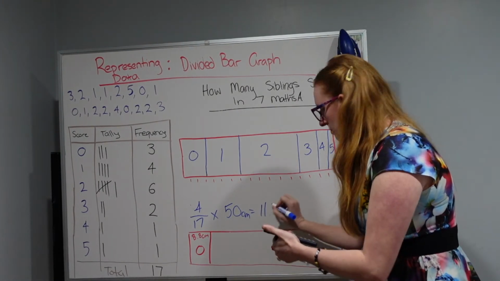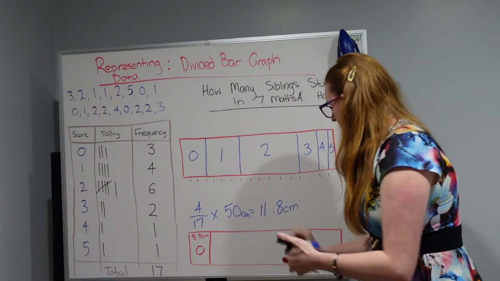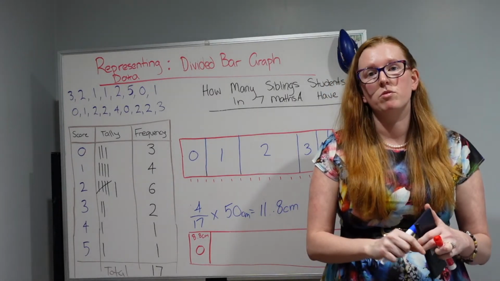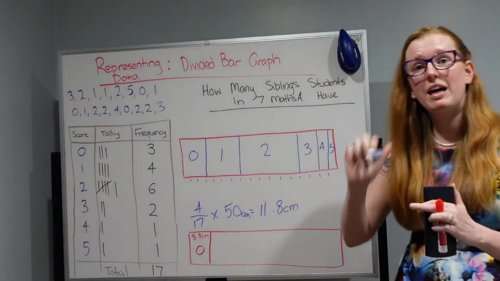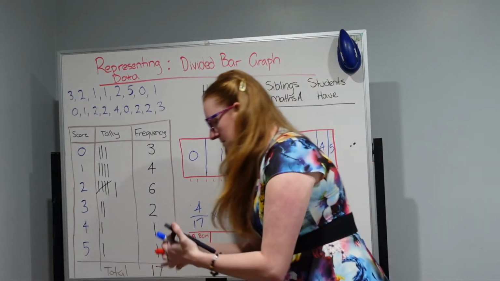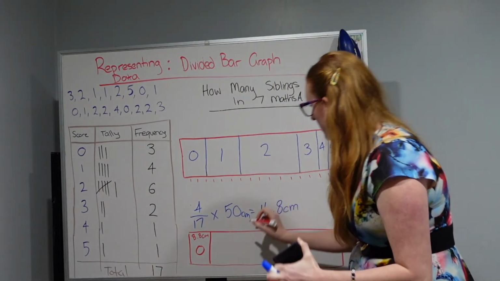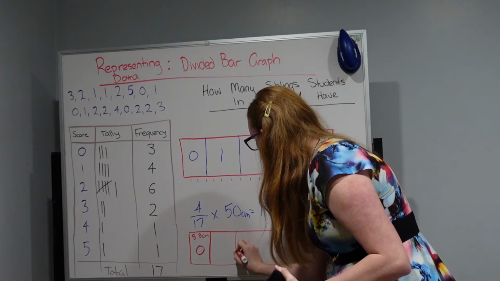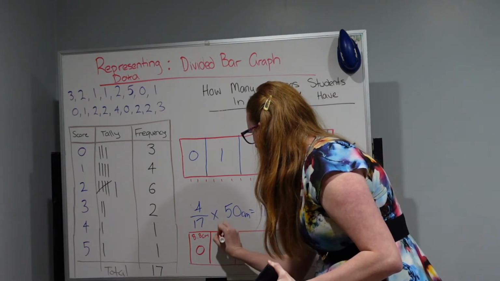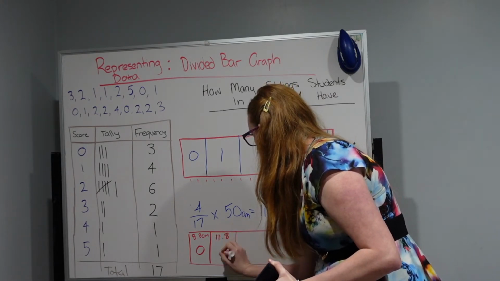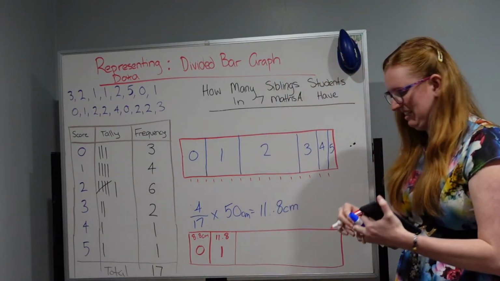So 11.8. Cool. So then I would get out my ruler and I would measure 11.8 centimeters. Do that here. It's probably about, I don't know, maybe there. So 11.8. So that would be number 1.